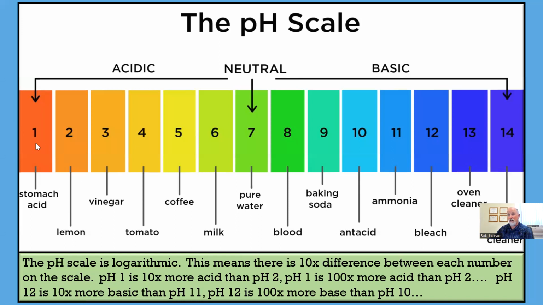A pH of 1 is 10 times more acid than a pH of 2. A pH of 2 is 10 times more acid than a pH of 3. But if I take 2 levels of difference, a pH of 1 is 100 times more acid than a pH of 3. A pH of 3 is 100 times more acid than a pH of 5.